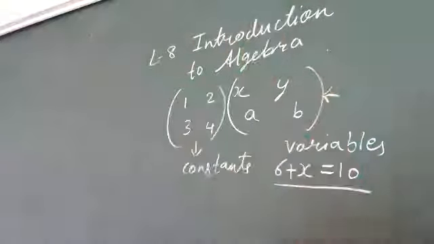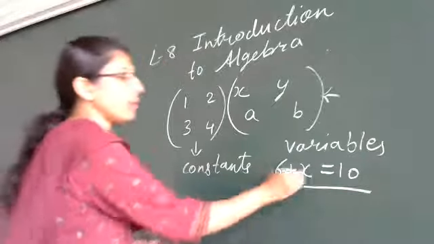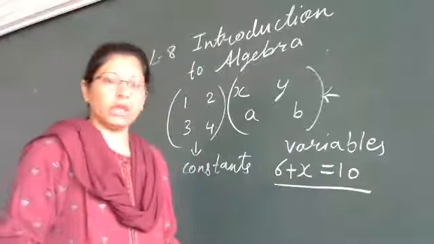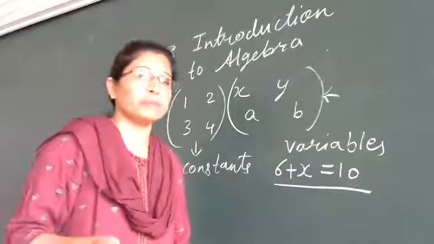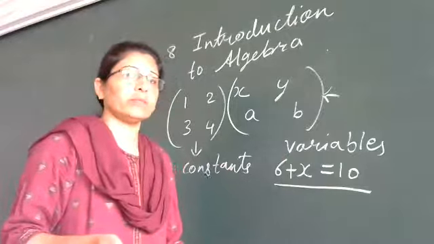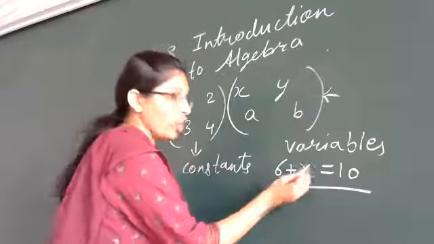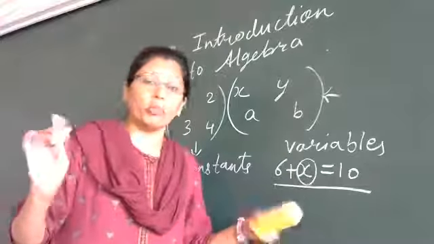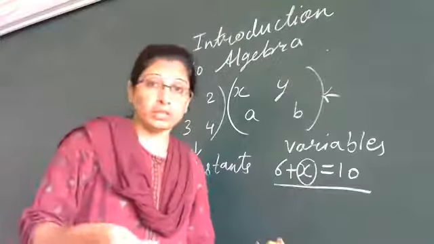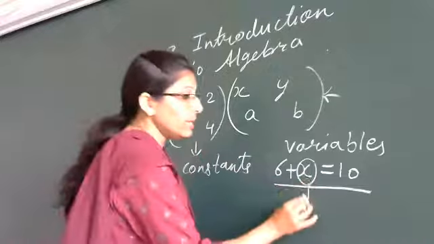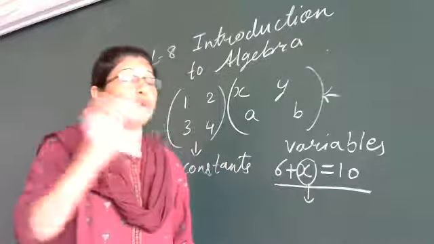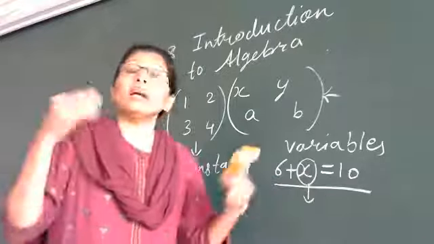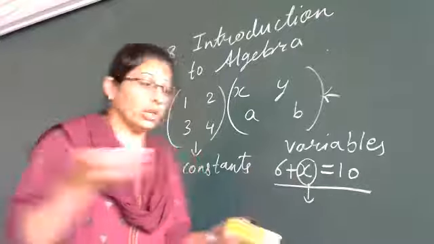Then we can find the value. We have to find the value of this x. How will we find it? 10 minus 6. So this x doesn't have an exact value, but we found it out.